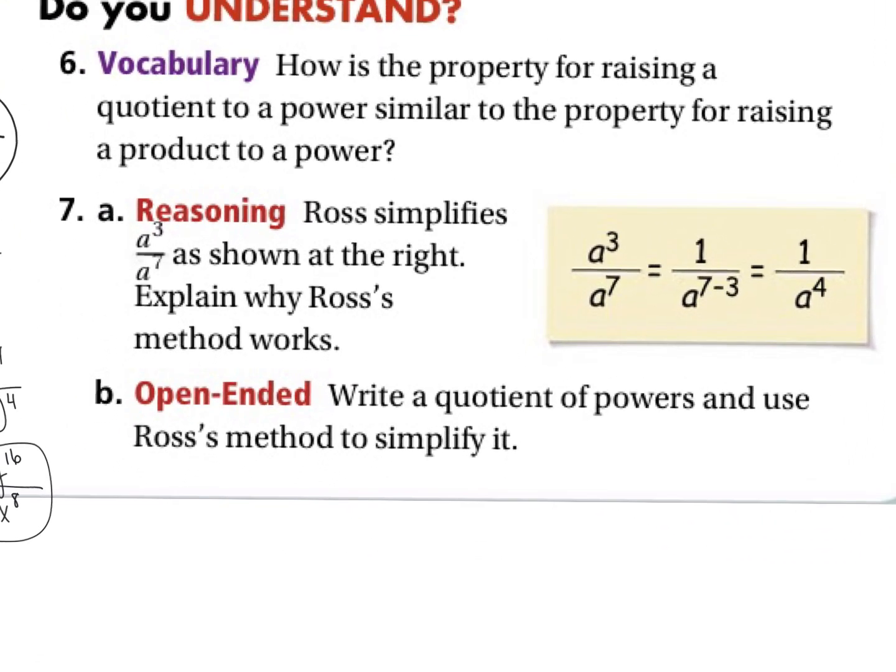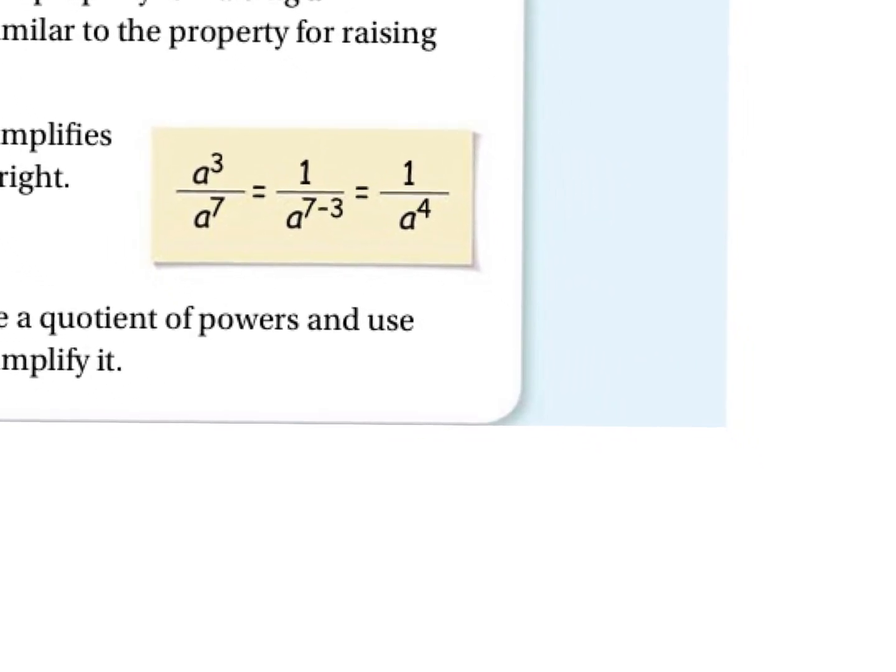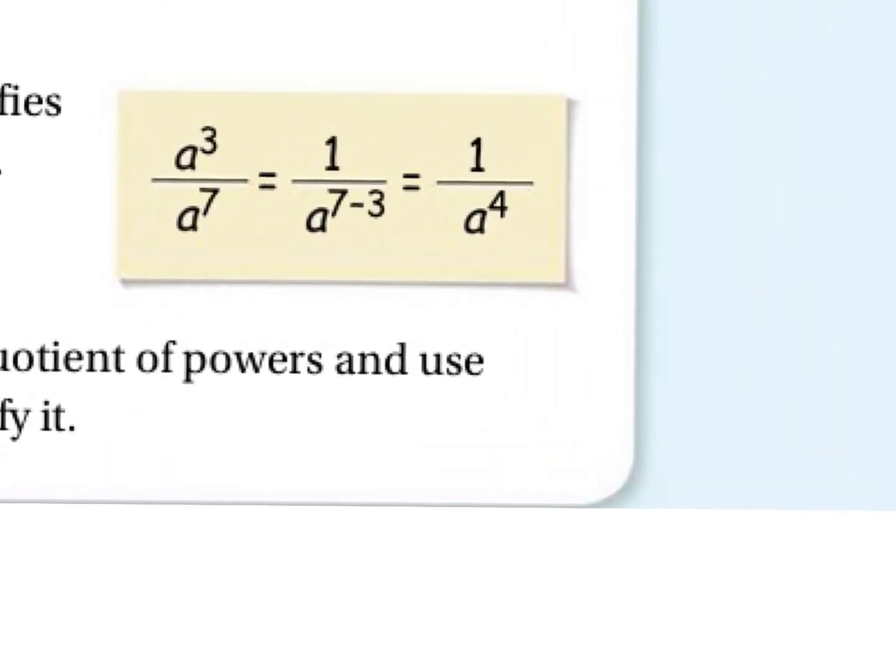If we look at number 7, Ross simplifies a cubed over a to the 7th as shown to the right. Explain why Ross's method works. So this is kind of just our other method we've talked about, is that we have more factors of a in the denominator, and so you could just take away the 3.